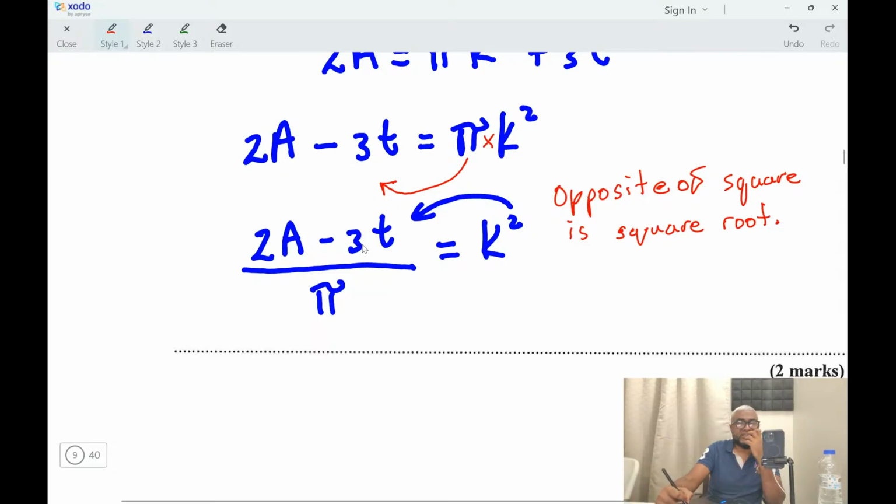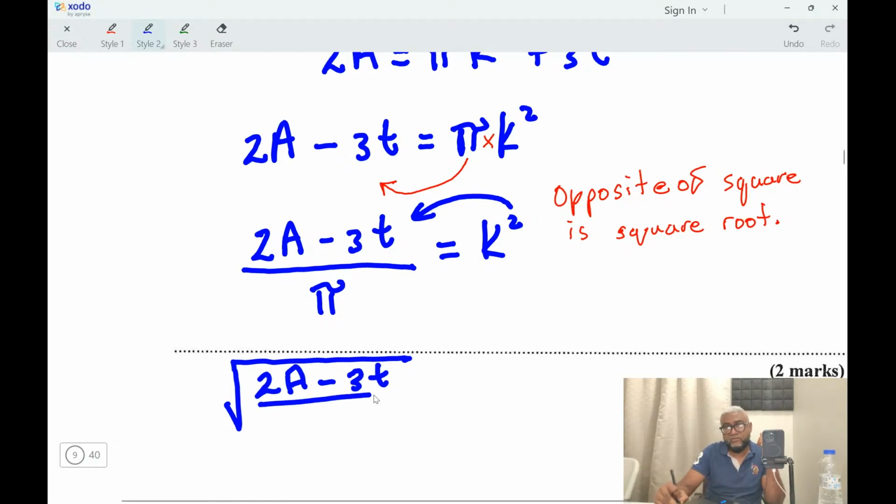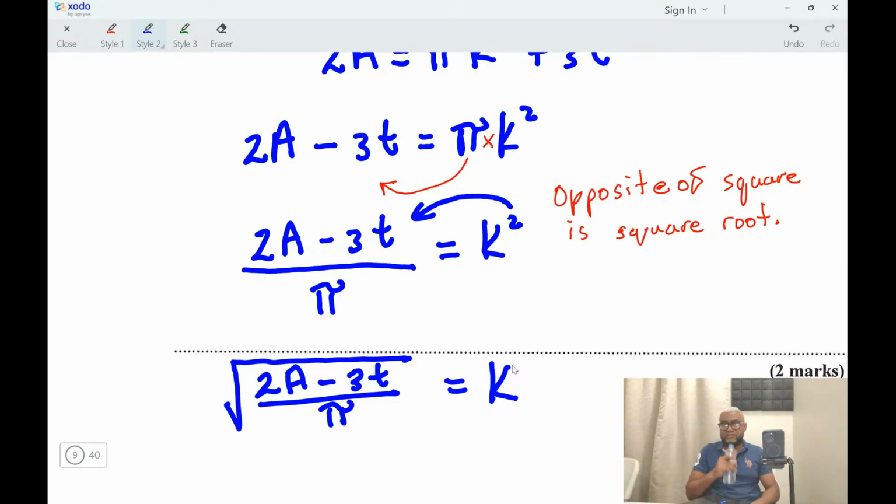Opposite of square is square root. So I actually need to find the square root of every single thing on the left-hand side. So this will be the square root of 2a minus 3t all over pi, is equal to, that will leave the k by itself on the left. Is everyone clear here?